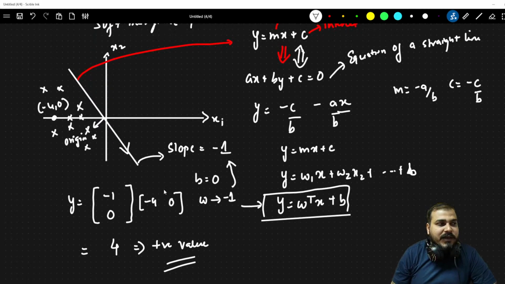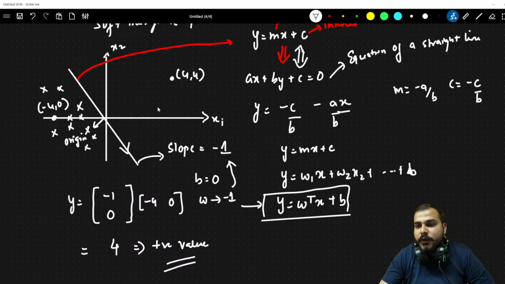Similarly, if I consider one point over here as 4 comma 0, 4 comma 4, now tell me, in this 4 comma 4, if I calculate the y value, what will you get? Whether you'll get a positive value or a negative value. Will the y value be negative or positive?